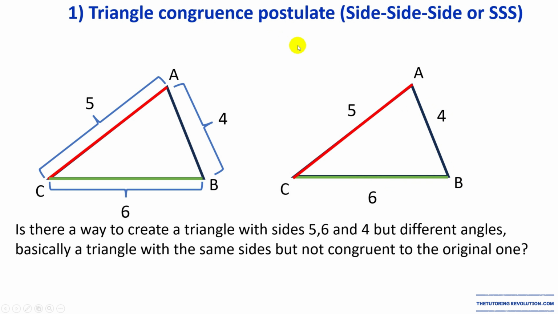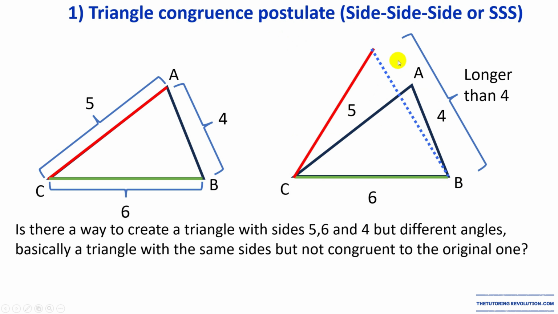So if we rotate this side here, we change this angle C, we make it larger, but we also increase this side here. Side AB won't be 4 anymore. So that won't work. If we want to challenge this postulate by making this angle bigger, we're also modifying the side.